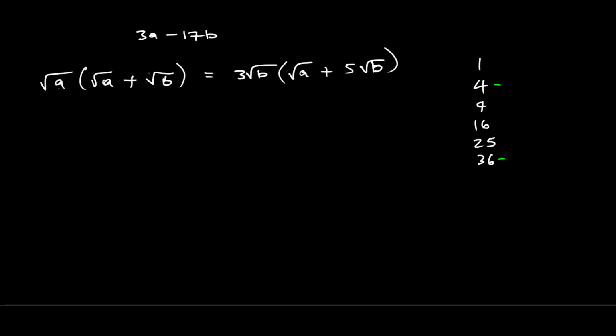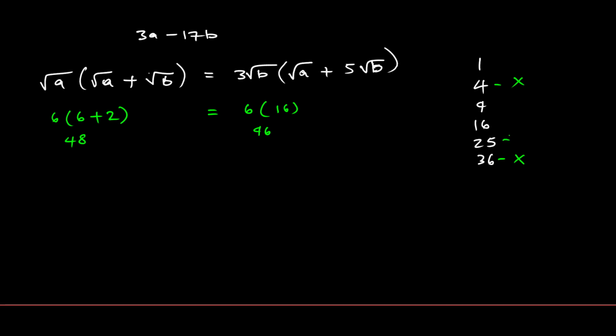So that would be 6 times 6 plus 2, and this is 8, 48. Over here we would have 3 times 2, which is 6, times root a, which is 6, plus 5 times 2 is 10, so 16. And this is 96. So we see that it is not possible for 36 and 4 to be a possibility.